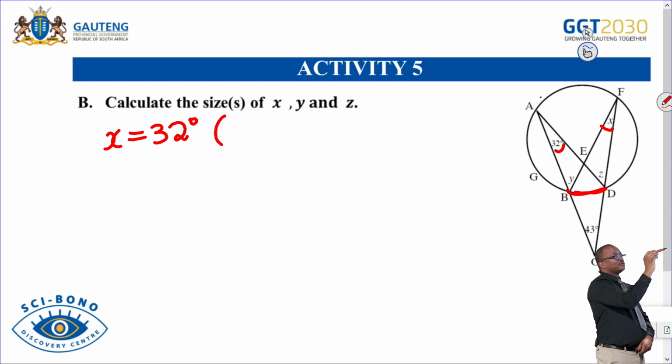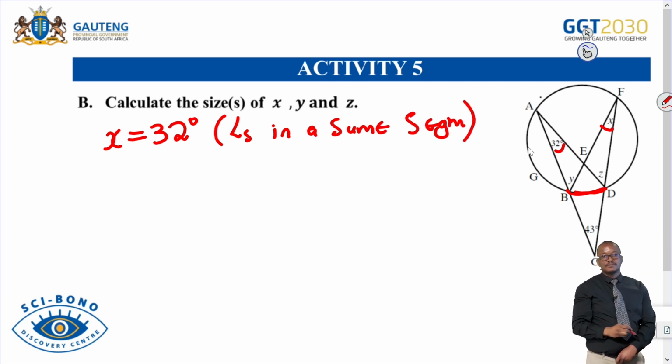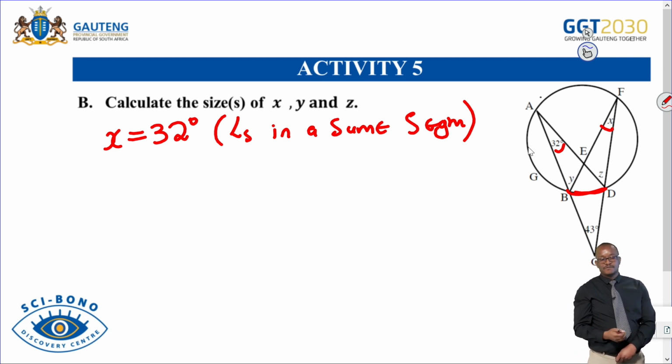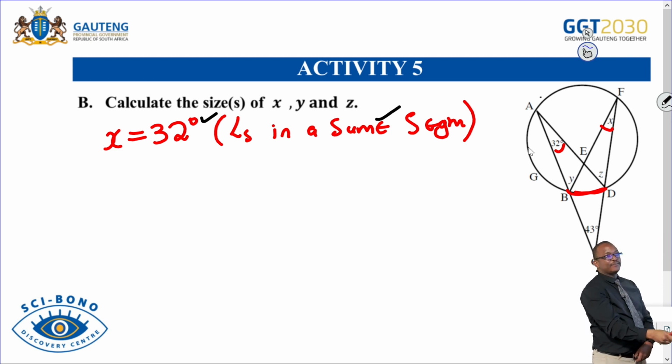Then now the reason will be angles in the same segment, correct? First, free 2 marks. You have identified the butterfly. I told you about butterfly, correct?